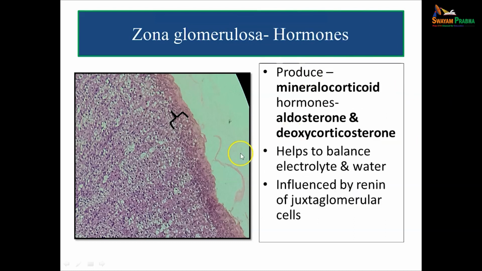The cells of this layer produce mineralocorticoid hormones, which are aldosterone and deoxycorticosterone. These hormones help to balance electrolyte and water. They are influenced by renin of juxtaglomerular cells.